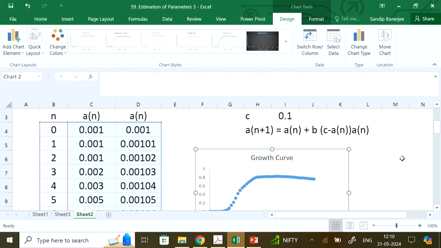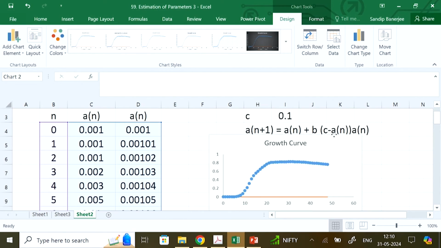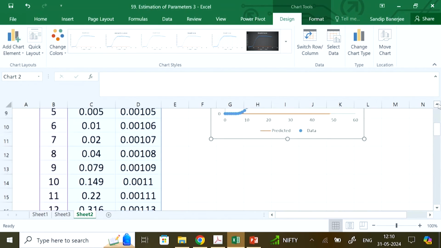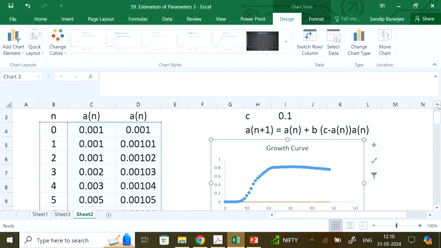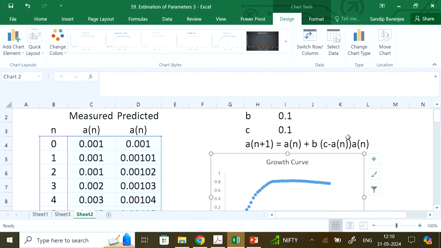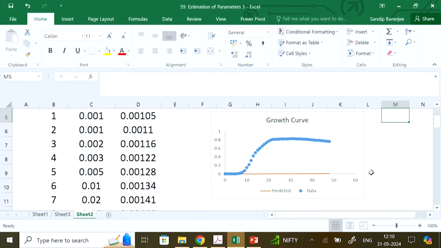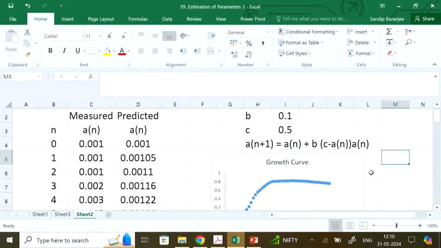Not a very good match, but you have to play with the values. So you have a B and a C. So let's take the value of this to 0.5. Okay.